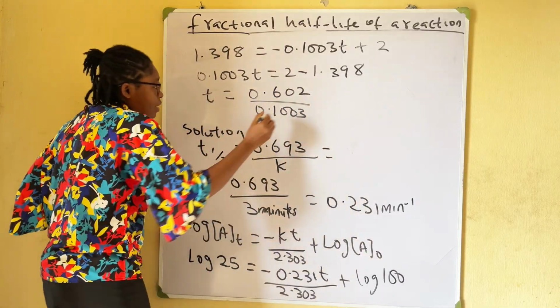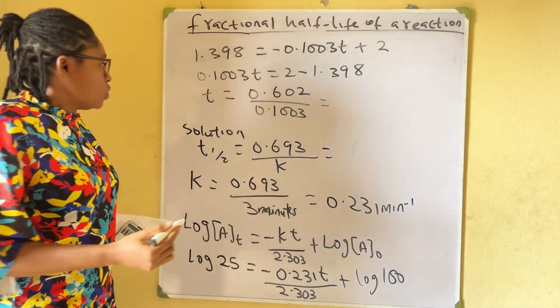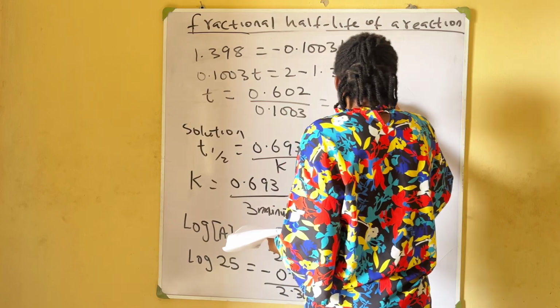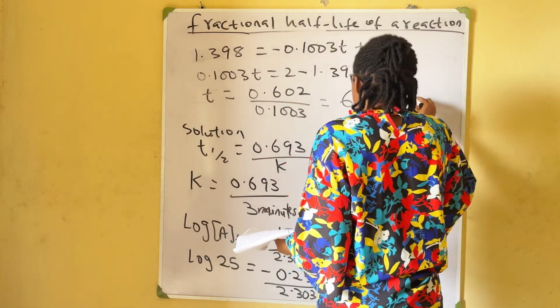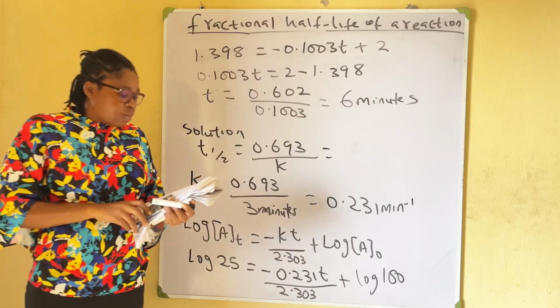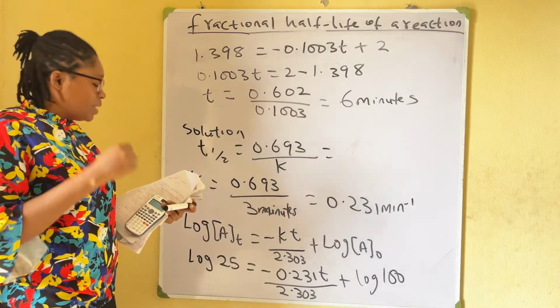So the value of T will be 6.00. So the value is 6 minutes. So it means that it takes 6 minutes for the concentration of B to reach 25% of the initial concentration.